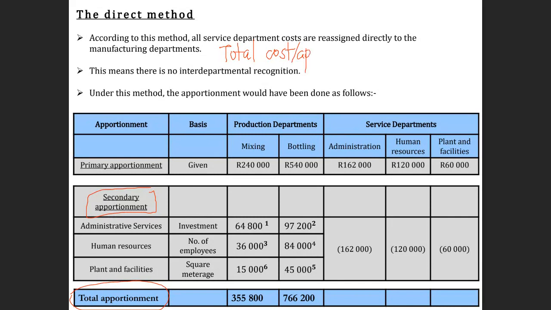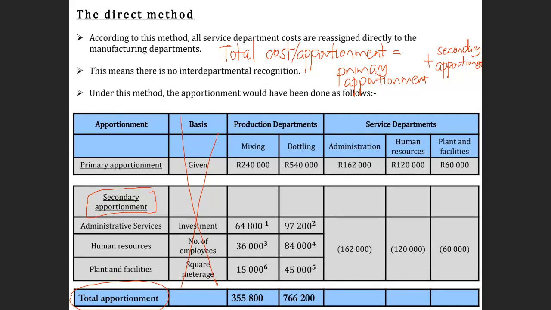Total cost or the total apportionment is going to be calculated by taking the primary apportionment or the primary cost together with the secondary apportionment or the secondary cost. Okay, so we've taken care of, as I said, you don't need to do this column. We've taken care of the primary cost or apportionment.